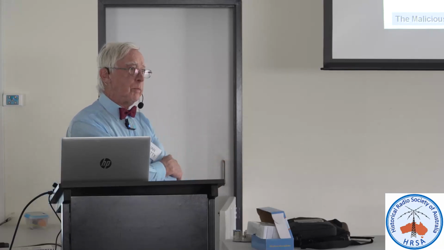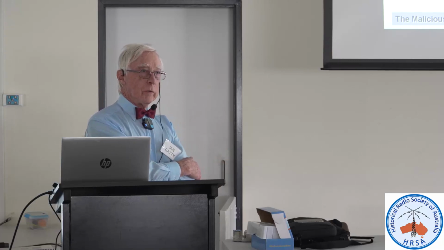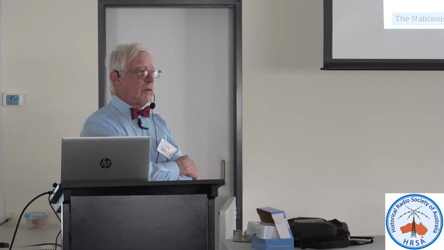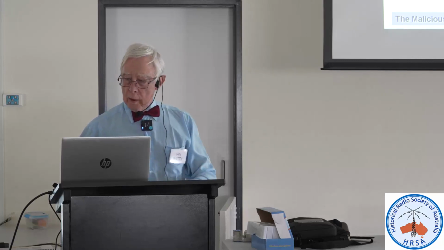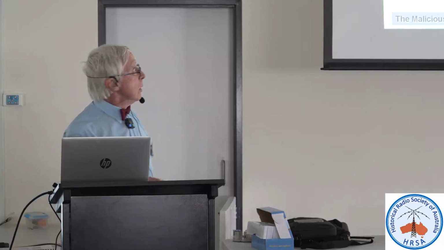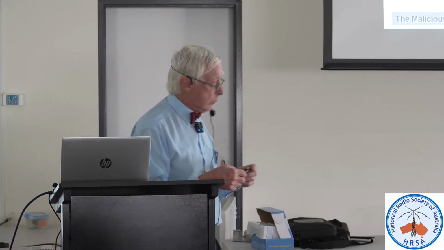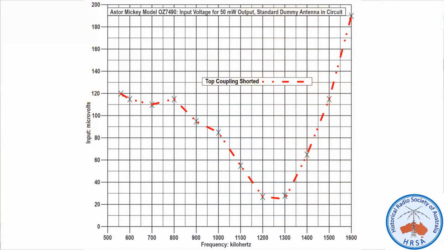Okay, so this is a 5-valve Mantel, but it was designed in the 1930s, and well, stuff was pretty rubbish back then. I needed about 200 microvolts of signal at the antenna at the top end. Well, all right, if that's true, why do I need not much more than 20 microvolts in the middle of the band?